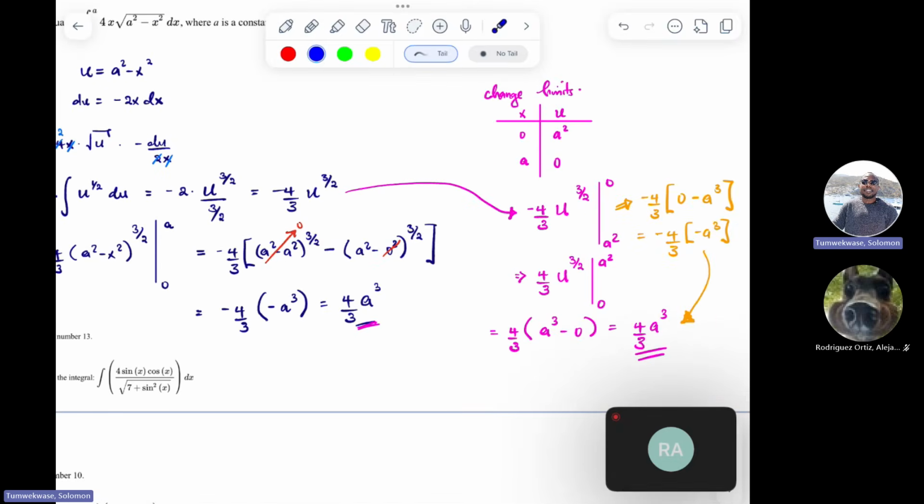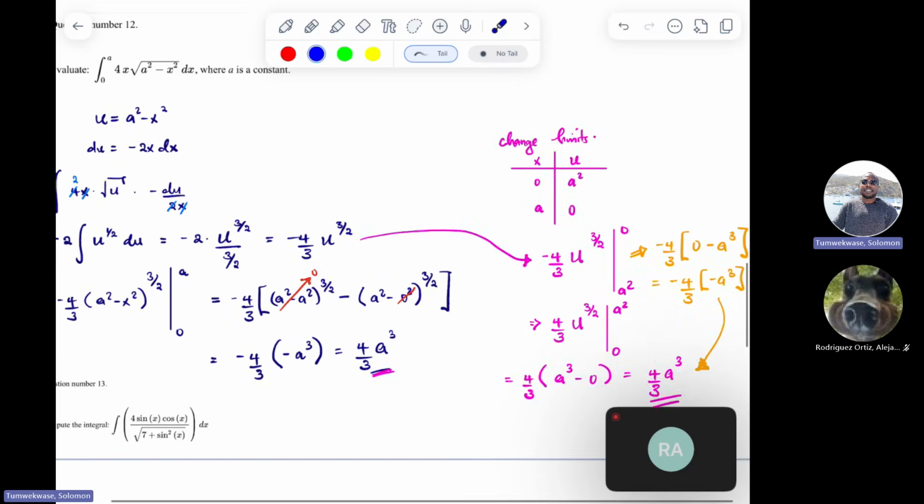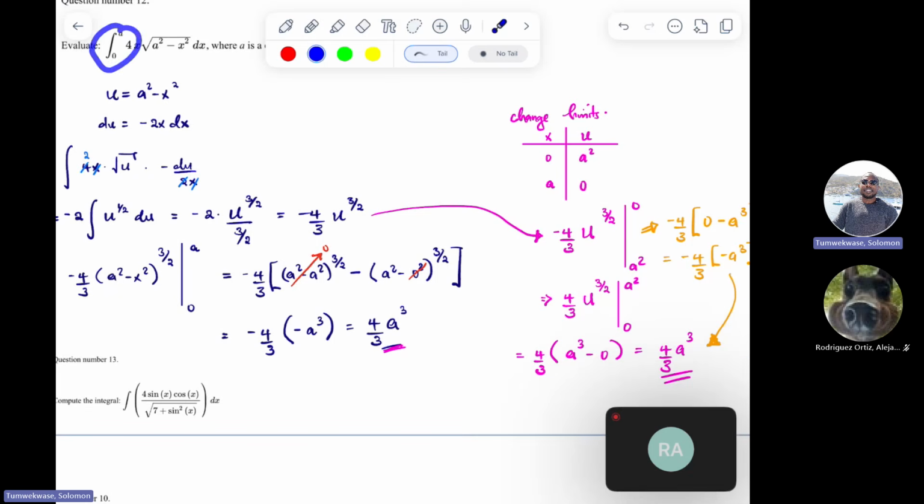In orange, I have my final answer in variable u, and instead of changing back to the original variable, I rather change the limits from the limits of the original variable to the limits of the new variable, which is u.